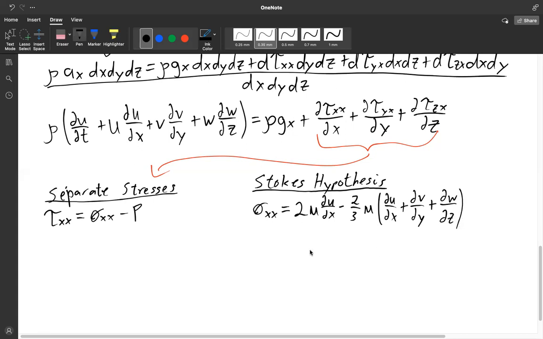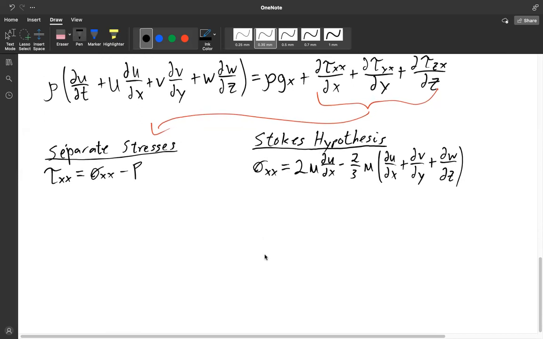And Stokes hypothesis is good for compressible flows. Again, I won't be going into the exact details on how Stokes hypothesis works. We would only be applying this hypothesis for this video. But again, the link to Stokes hypothesis will be down below if you would like to learn more about that.